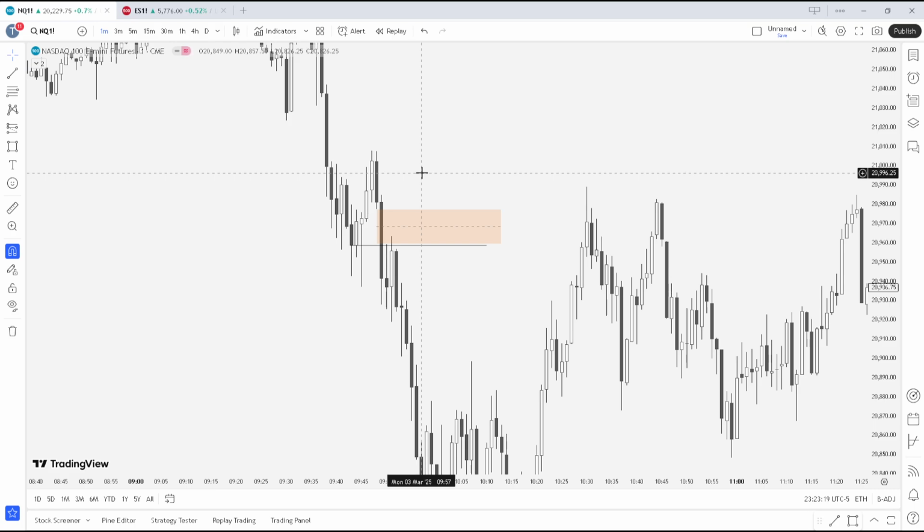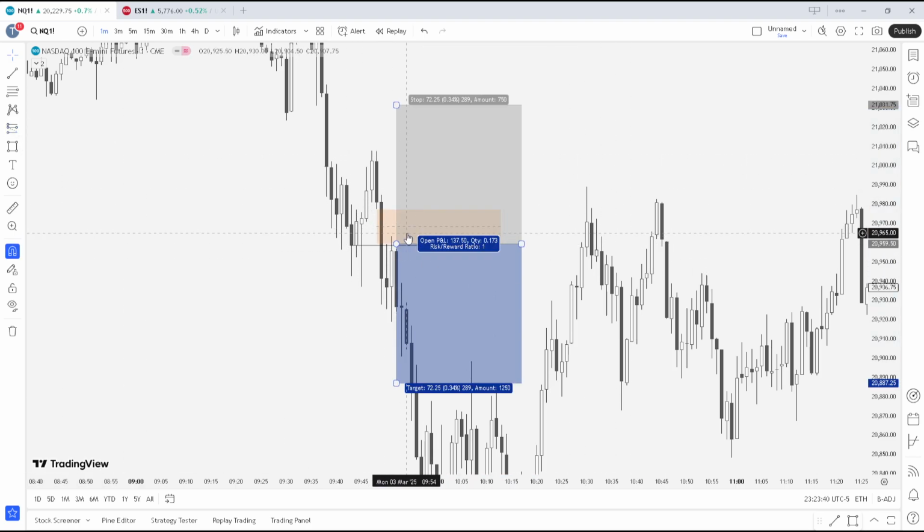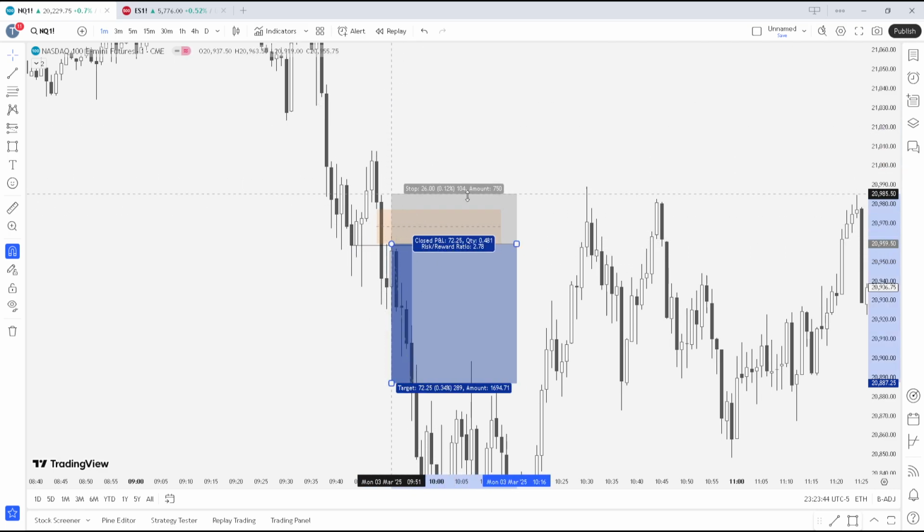So once we have this close below, this becomes a breaker block, right? It's the last down close candle before this kind of upward move. And then once this candle closes, this becomes a fair value gap, right? And you can see we tap into this level where we have the fair value gap plus breaker, and then we instantly displace below.